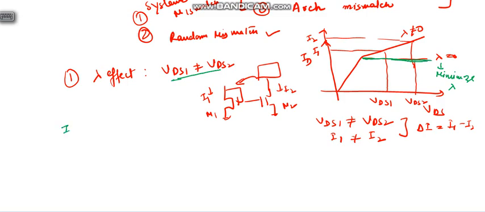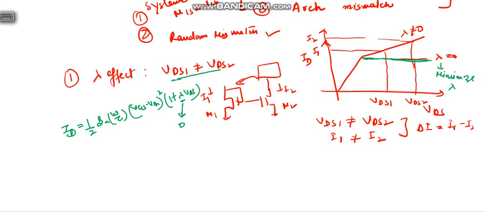Basically, if we write the ID equation, this is beta, which is mu n Cox, W by L, (VGS minus VTH) square, times (1 plus lambda VDS). So if we reduce lambda, or make it 0, then we can remove the mismatch due to VDS and the lambda effect.